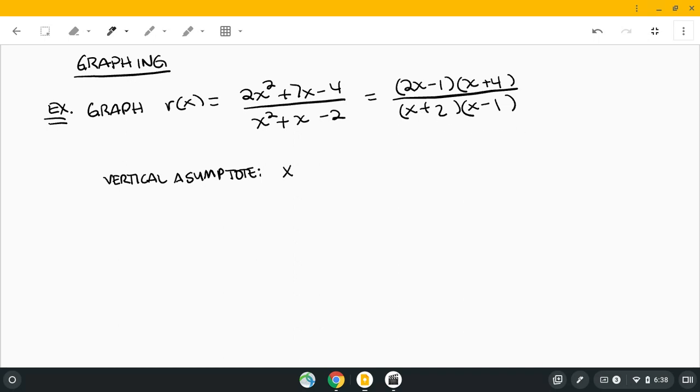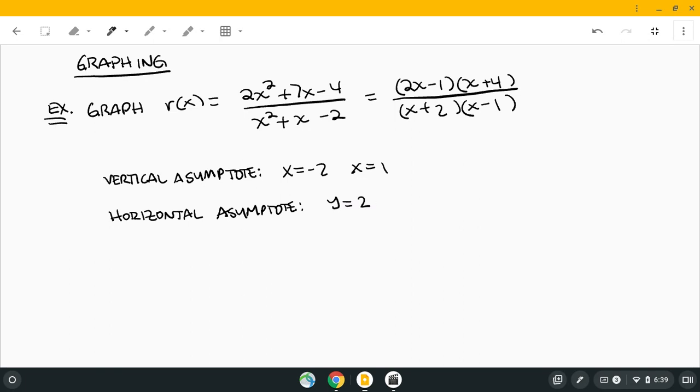So we have it at x equals -2 and x equals +1. Okay, and then our horizontal asymptote. Okay, so they are the same degree, so I will use leading coefficient over leading coefficient. So that would give me y equals 2.